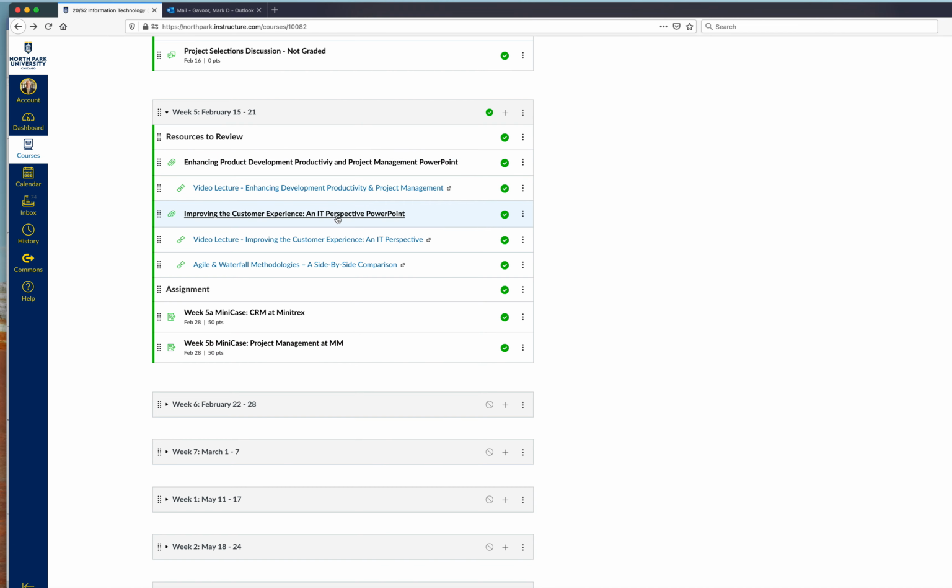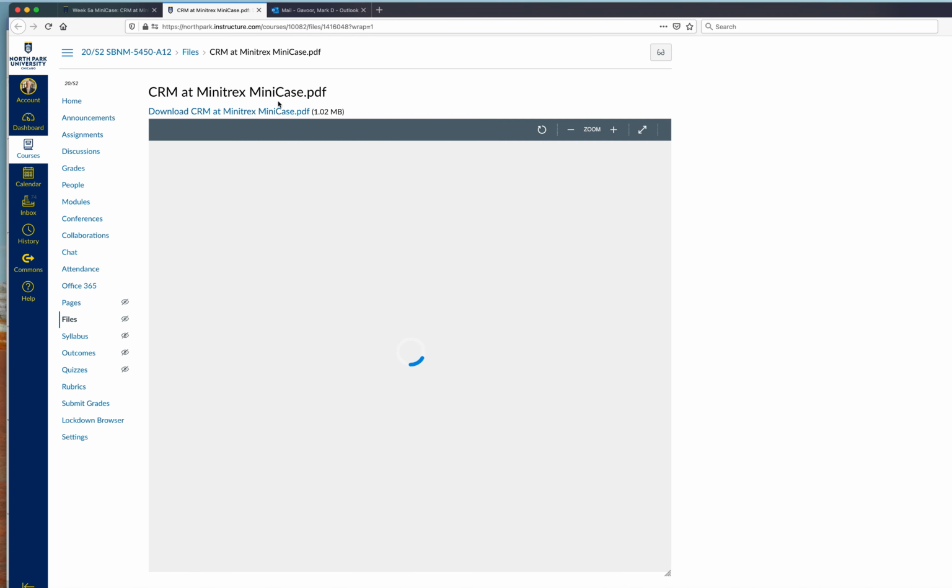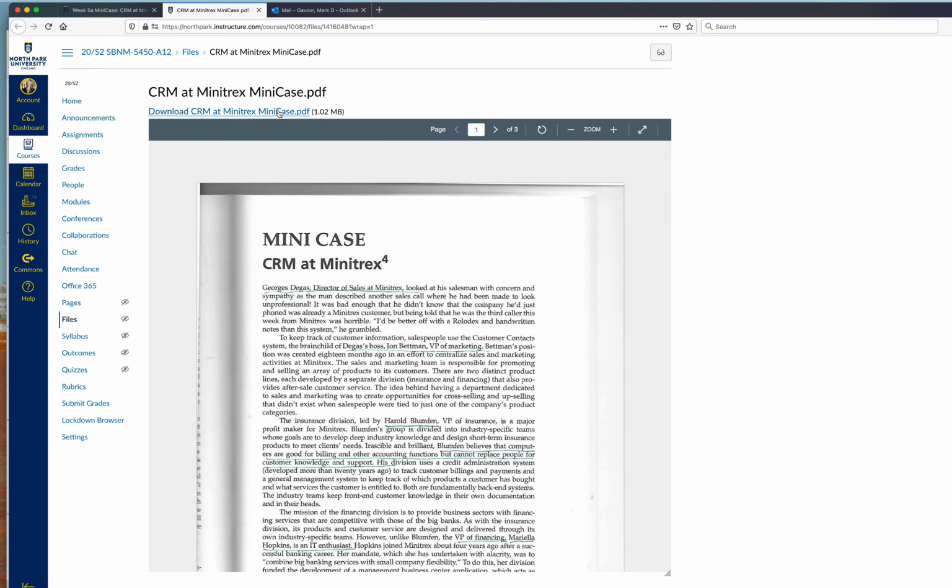There's lectures, there's PowerPoints and video lectures on that. This reading goes with the project management. If you look in here, you'll find the mini case is in each of the assignments. I didn't list them separately. And of course you can download it if you want and take a read of it.